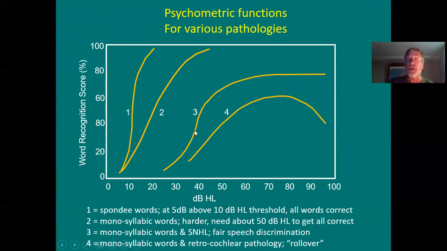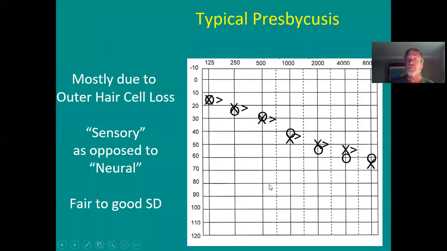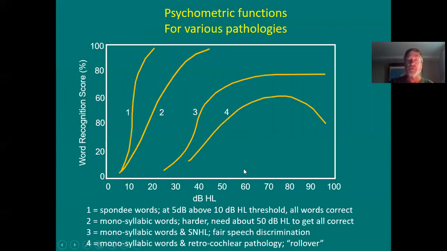Maybe for the person here, okay, this person's hearing levels are pure tone averages around 40. I don't know. What about here? Number 3. Okay, the softest he could hear words would be around 40-ish. Now these, if you look at number 2 here, this is single syllable words.